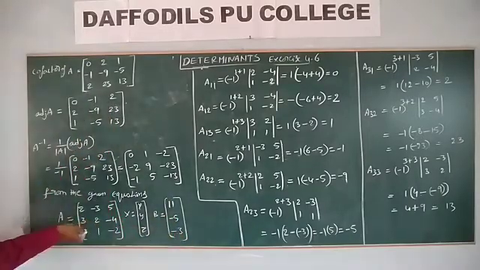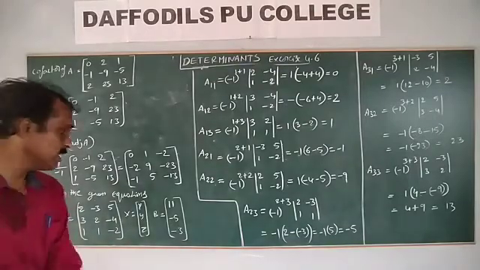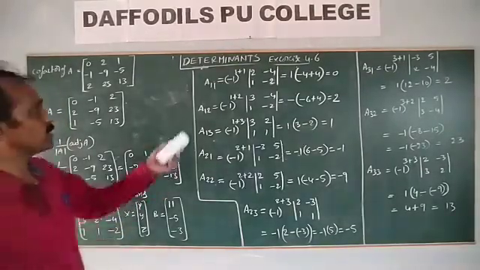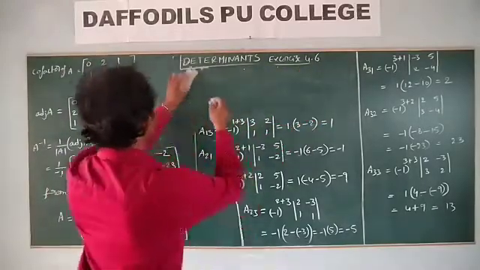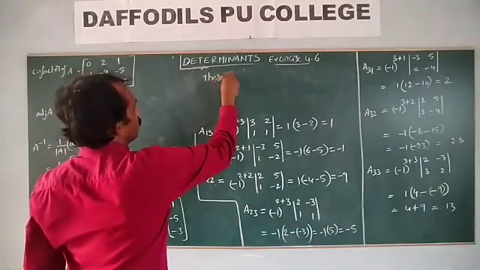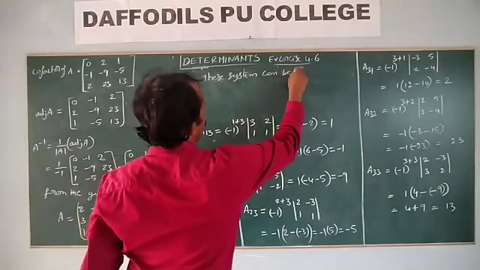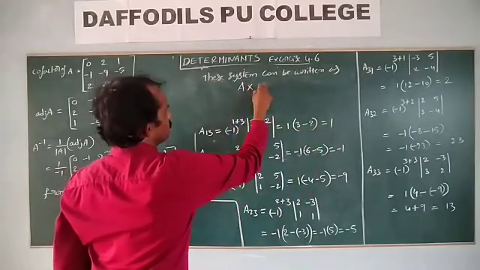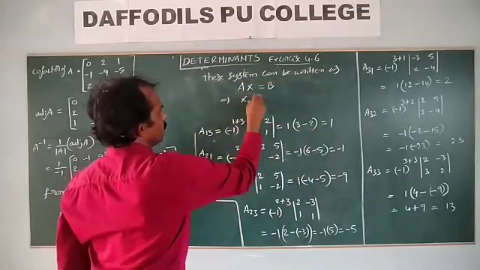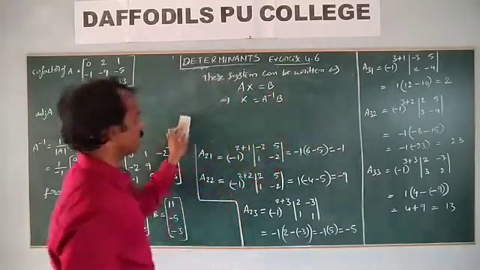As we already found the inverse of this matrix, here also same matrix A. So that's why this system of equations can be written as, solve means directly write, Ax is equal to B. That implies x is equal to A inverse of B. Okay.